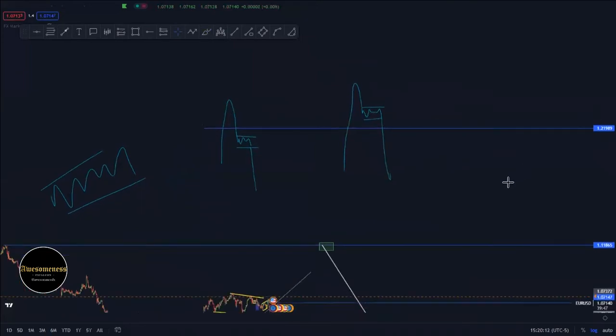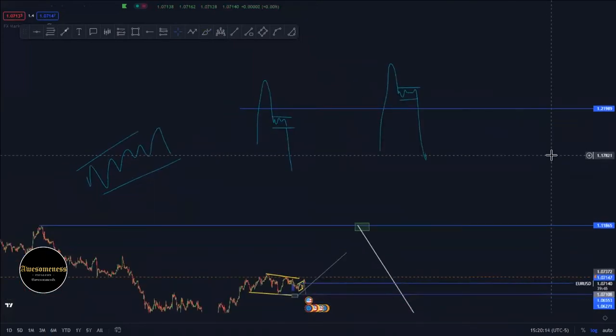Now, how do you take advantage? How would you know this is a flag inside the structure, or this is a 15 minutes flag outside the structure? Let me give you an example.